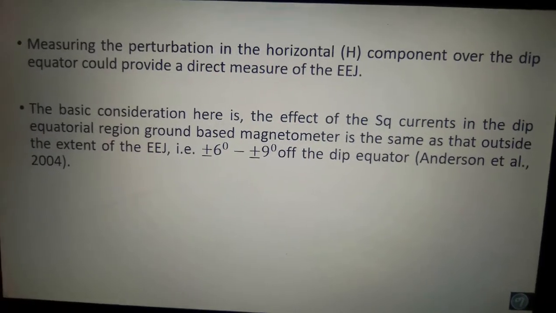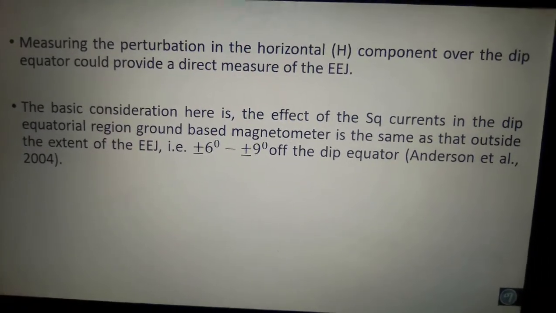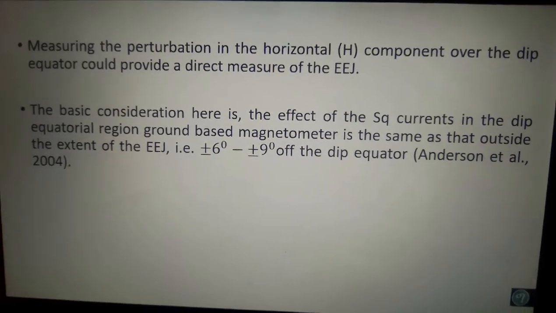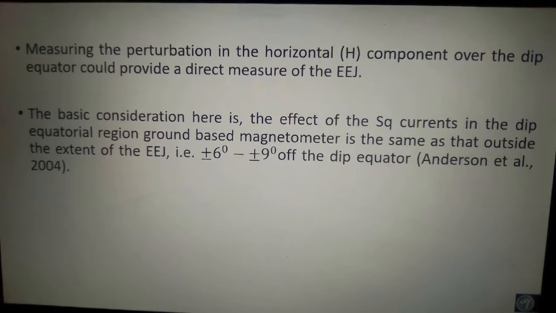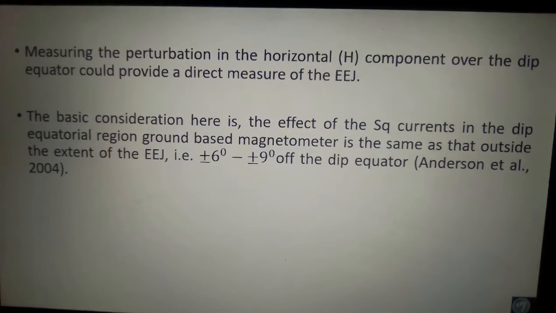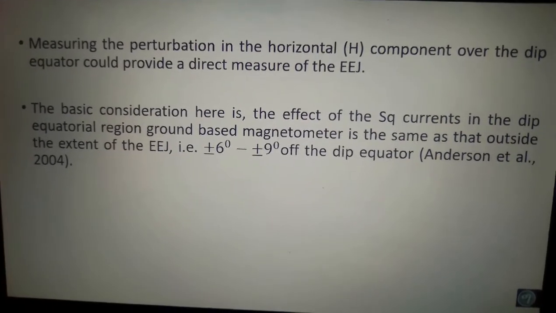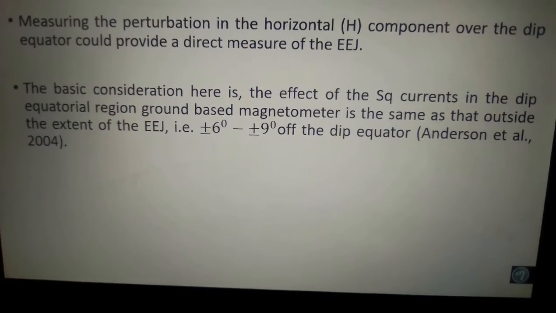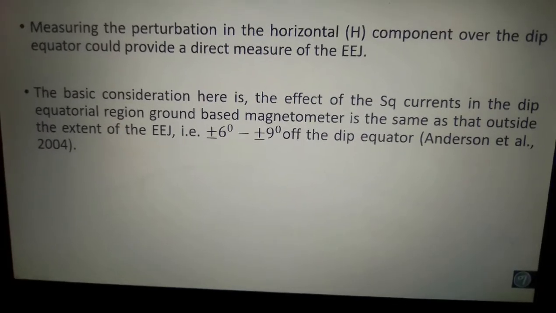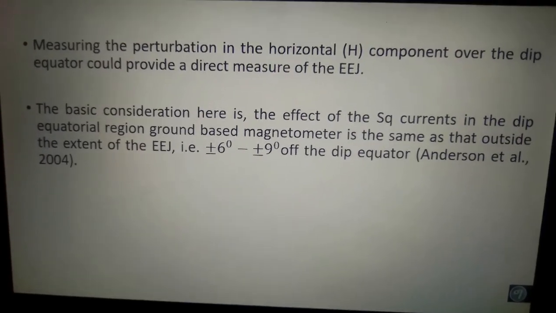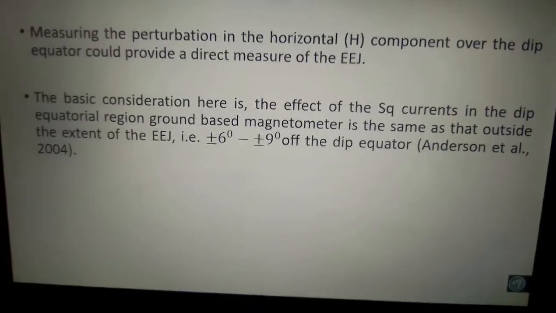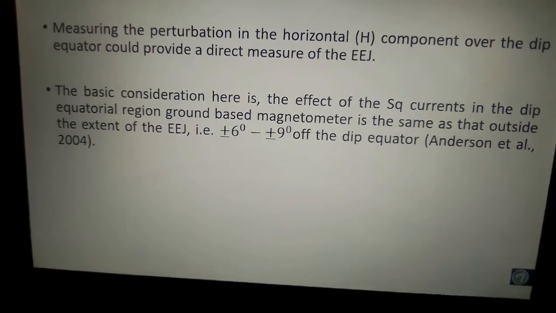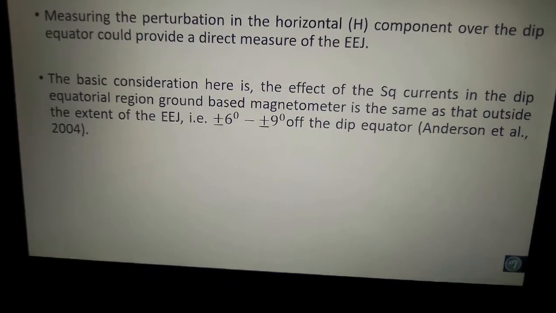Measuring the perturbation in the horizontal component of the geomagnetic field can provide a direct measure of the EEJ, equatorial electrojet current. The basic consideration is that the solar quiet current has the same effect both on the equatorial region, the deep equator region, and the off-equator region, like 6 to 9 degrees on both north and south regions.